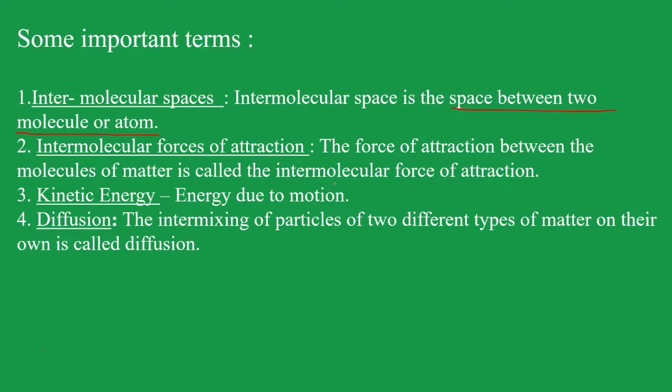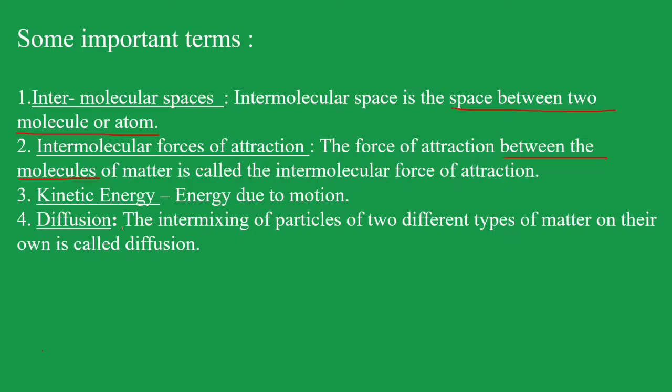As there is a space, some matter has less space, some has more. Why so? There is one more thing acting, that is force of attraction, termed the intermolecular force of attraction, because this force of attraction is between the two molecules.